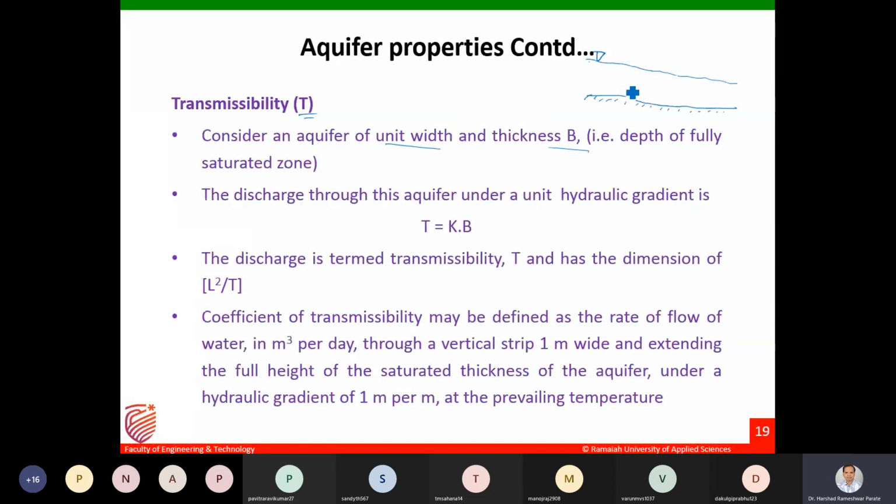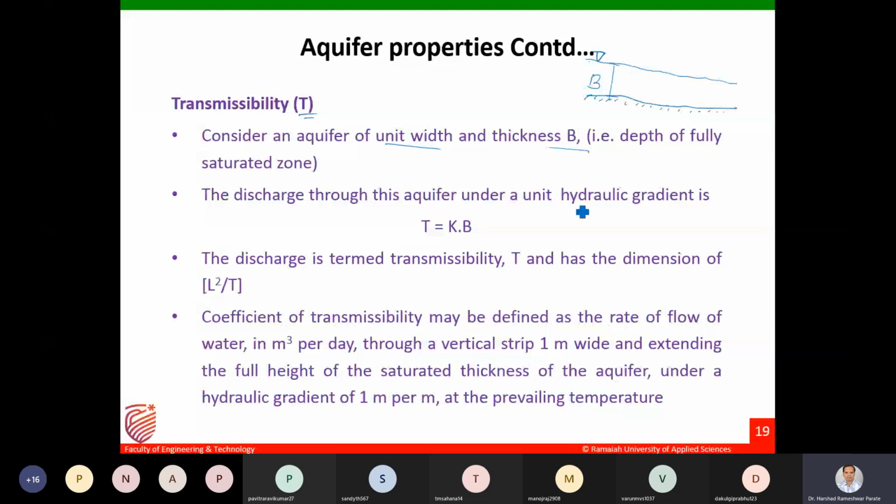This thickness basically will give you the B, and the discharge to the aquifer under the unit hydraulic gradient.